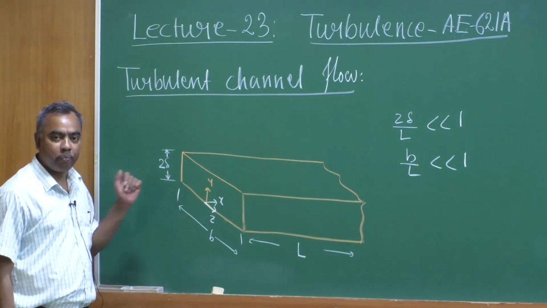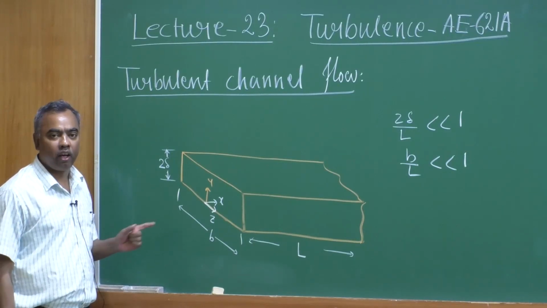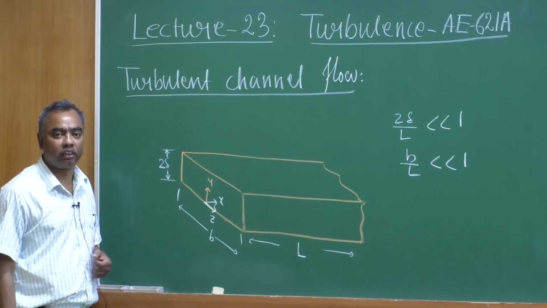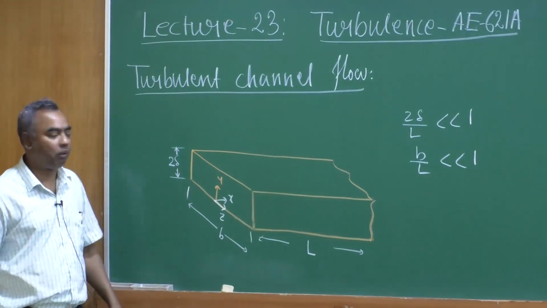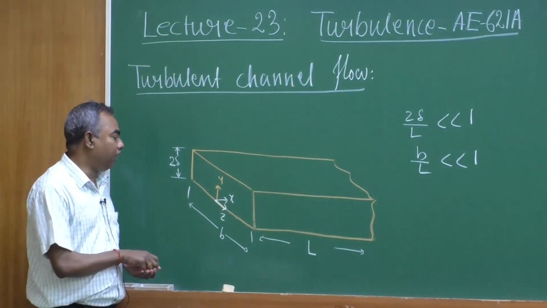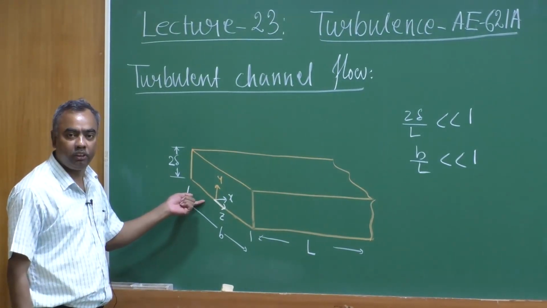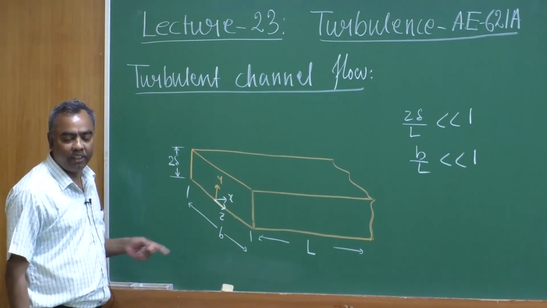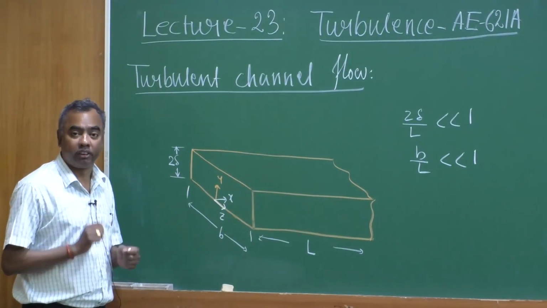finding out the total shear stress tau t, which we found to be the summation of Reynolds stress plus viscous stress, and viscous stress is dominant near the wall, Reynolds stress starts dominating as we go away from the wall. Okay. And as compared to the free shear flows and the wall bounded shear flows, the main difference is the viscous stress.